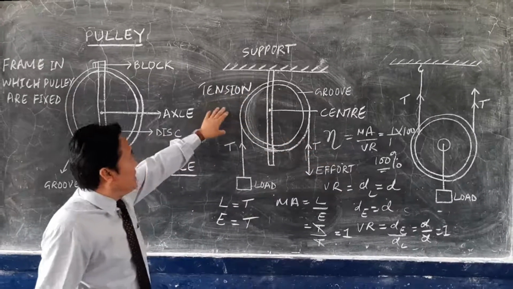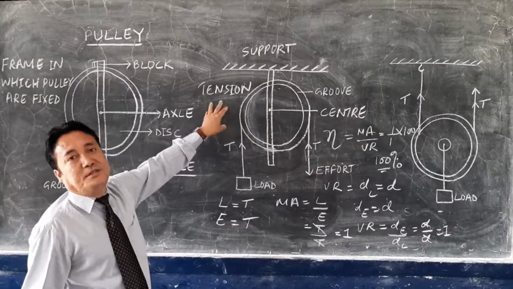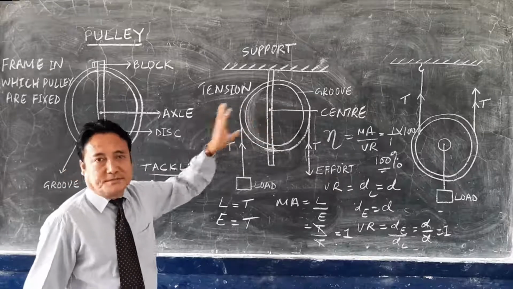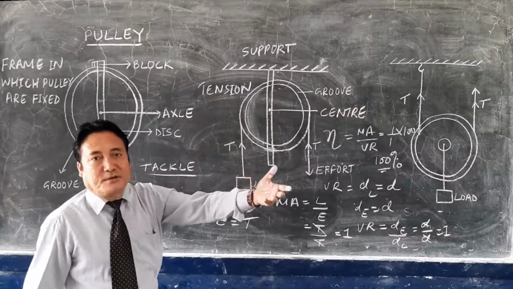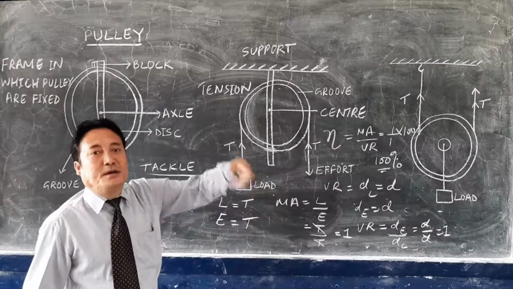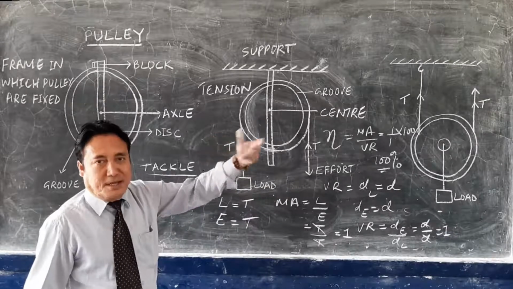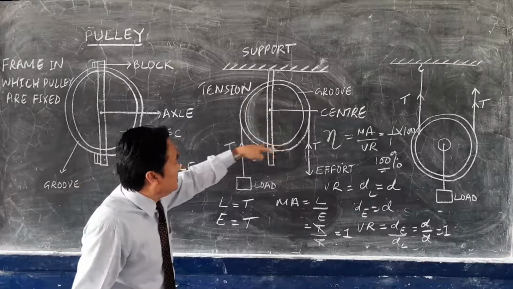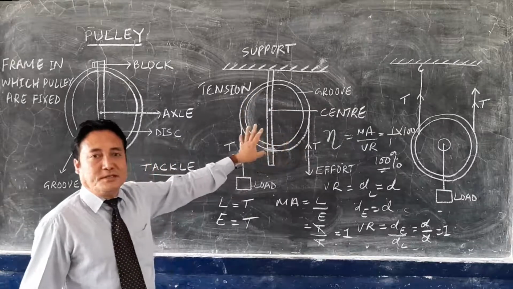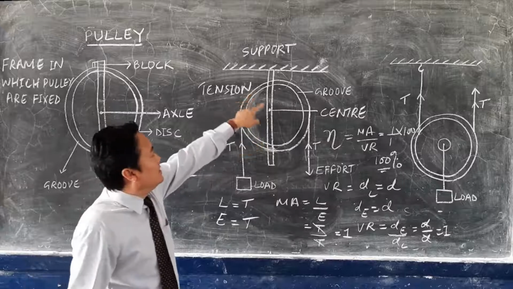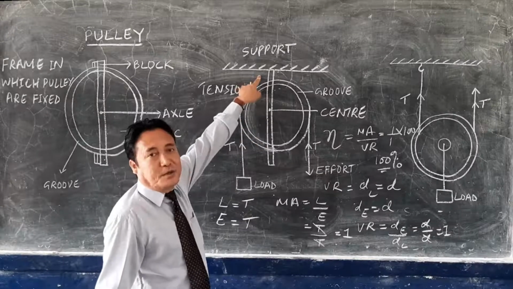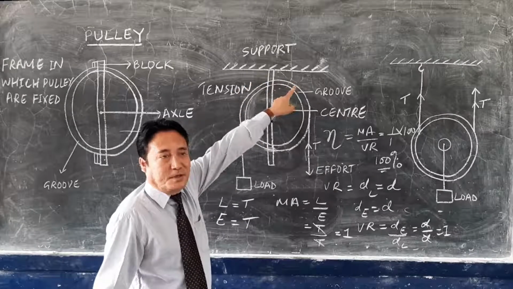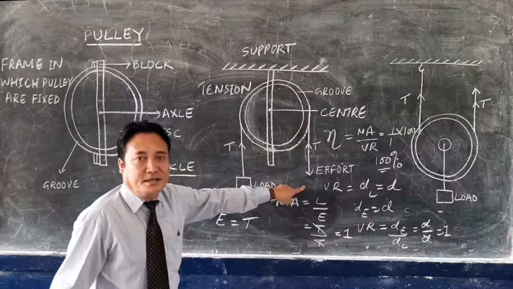The other point is that this single fixed pulley is used to lift light loads, like drawing water from a well or lifting a light basket. The axis of rotation in the single fixed pulley is fixed. It is fixed to a support, and the effort applied is in the downward direction.